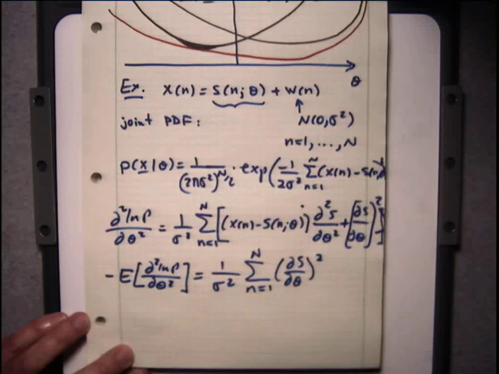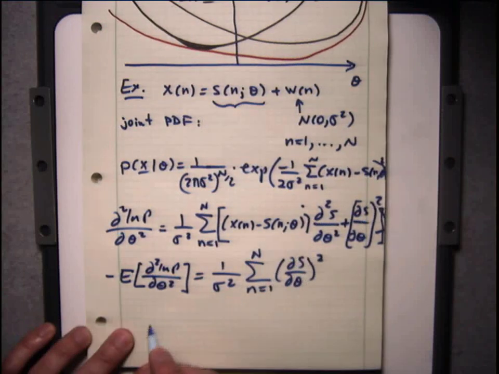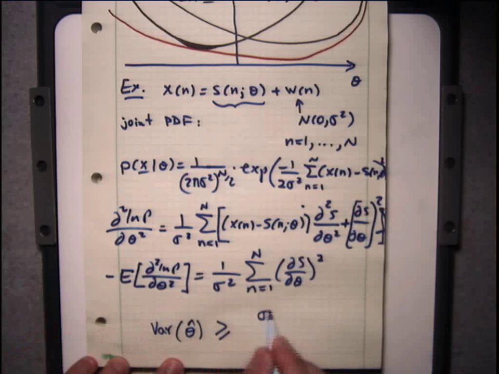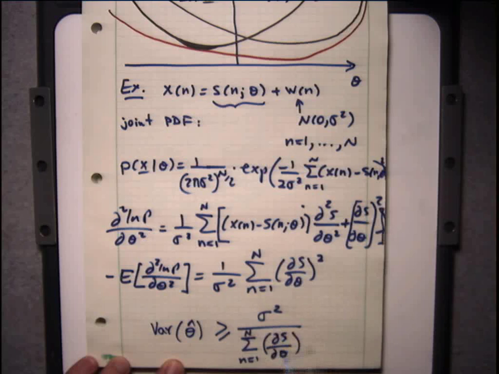So what we learned from this is that the variance of theta hat is lower bounded by sigma squared divided by the sum from n equals 1 to capital N of ds d theta squared.